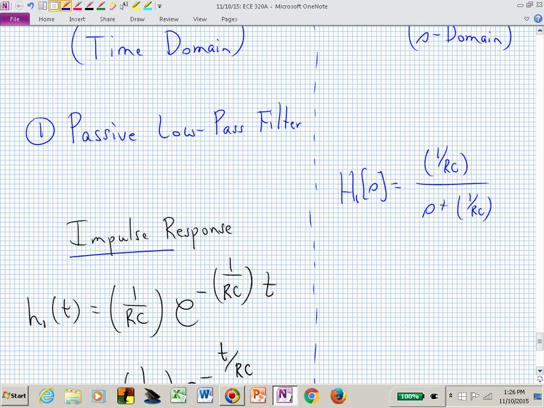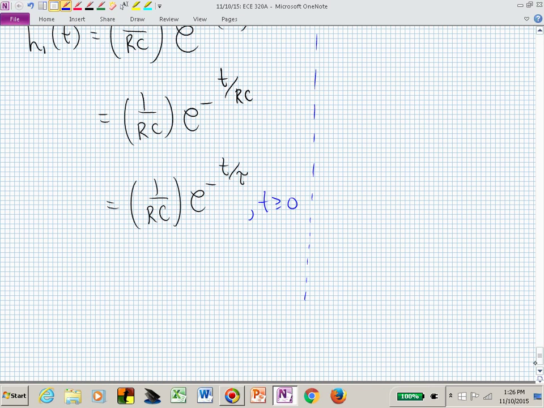What does this do? What's it do at 0? At time t equals 0, where is it? 1 over RC. At one time constant, what is it? When t is equal to tau, it's e to the minus 1. And what's e to the minus 1? 0.37. It's about 37% of where you started.